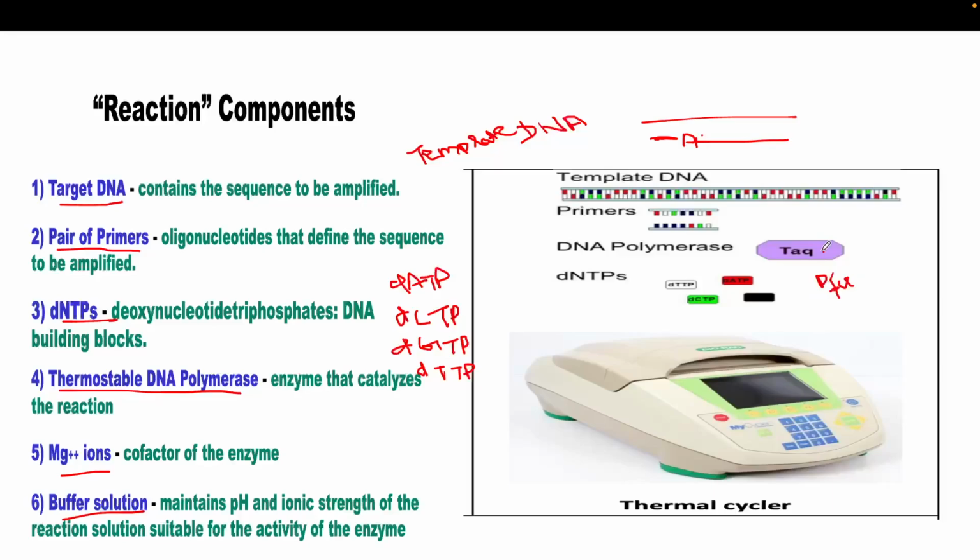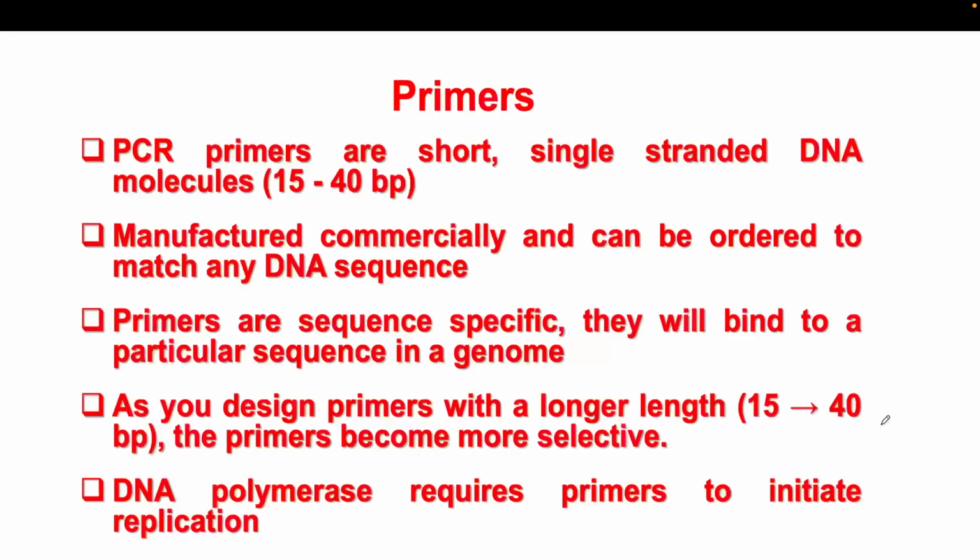And if you just want to have an idea whether your result is positive or negative, then you use Taq polymerase. Then you have the dNTPs, the individual dNTPs. You mix all these components and keep the PCR reaction going.